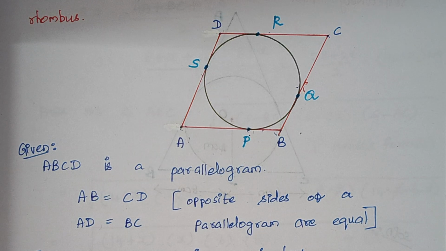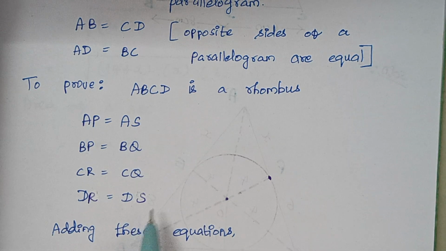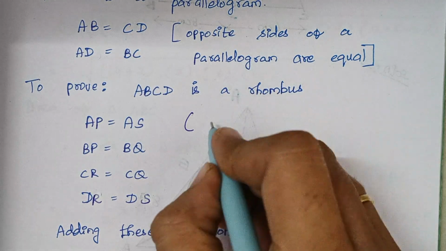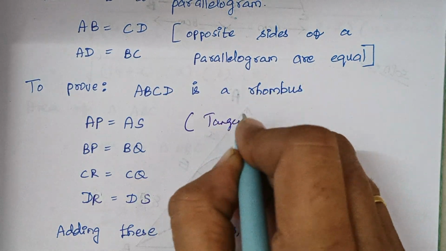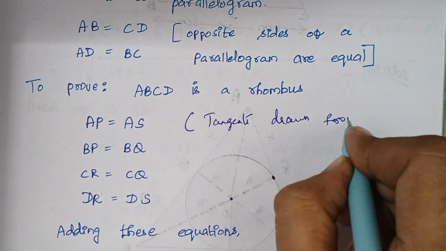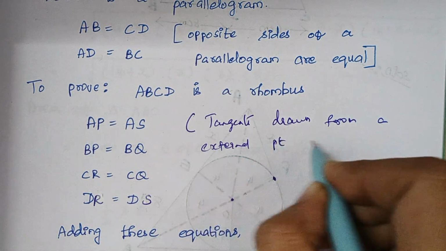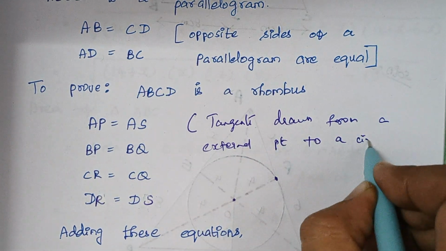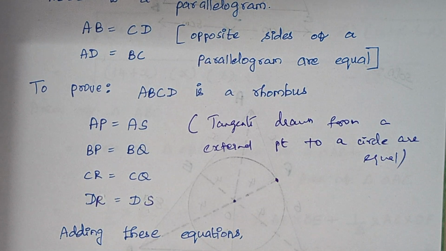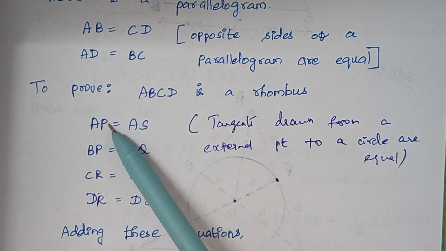Write down all of these, and mention the reason: tangents drawn from an external point to a circle are equal.